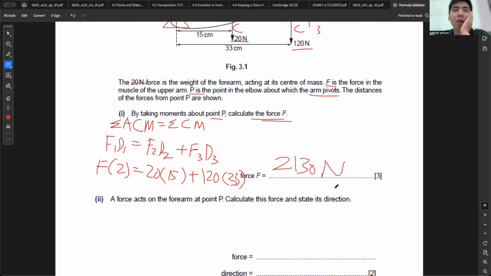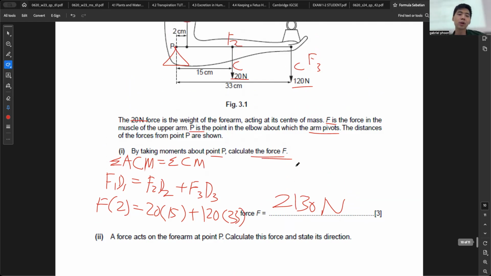You're already wrong. I don't know. 120, fifty, mental math. It's supposed to be 2130. Anyone cannot get 2130.